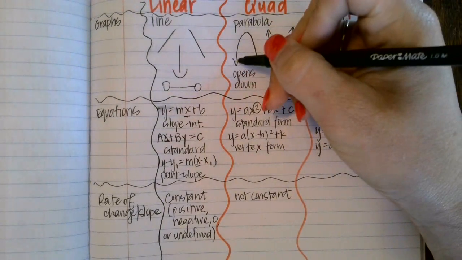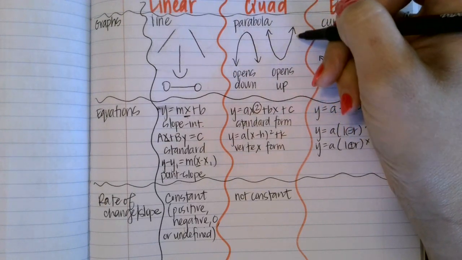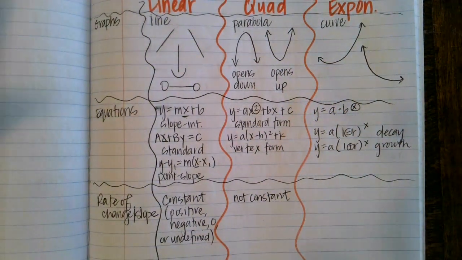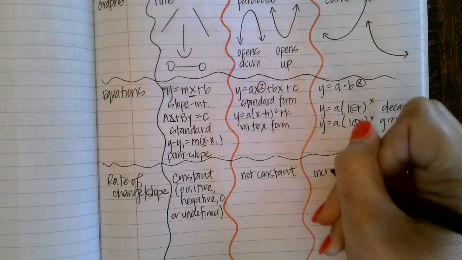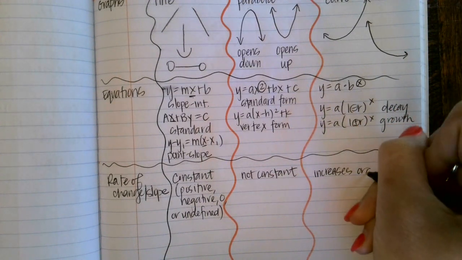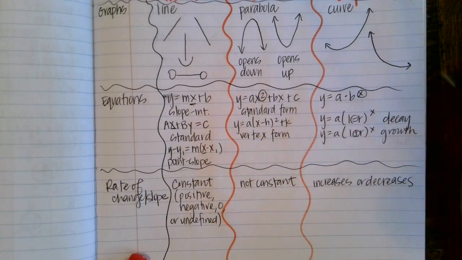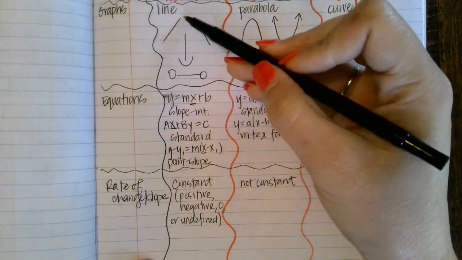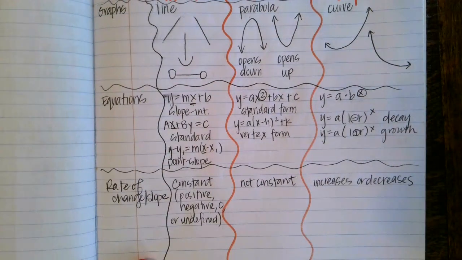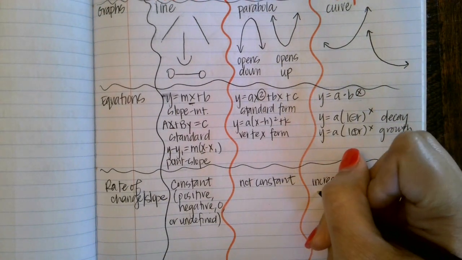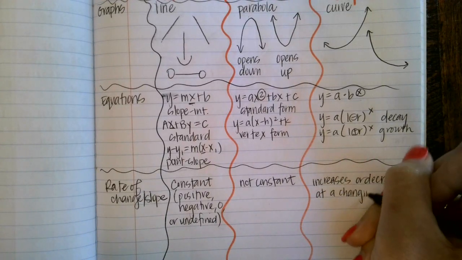We have a positive slope right here, but then a negative slope right here, and a negative slope right here and a positive slope right here. The rate of change of the slope is not constant. For an exponential equation, the rate of change either increases or decreases, but because the line is curved, it's not at a constant rate. This curve is going to increase or decrease at a changing rate.